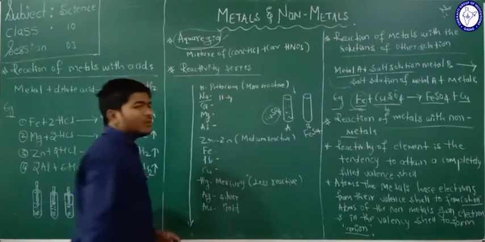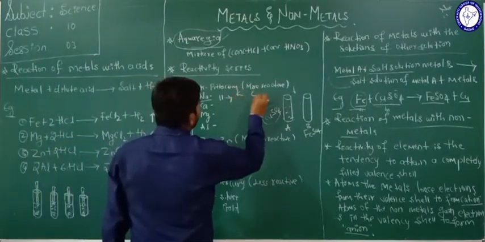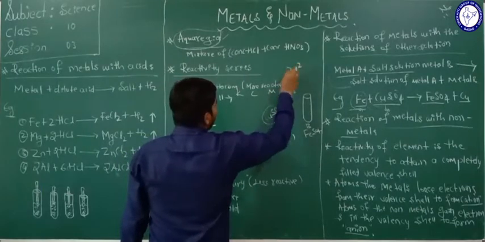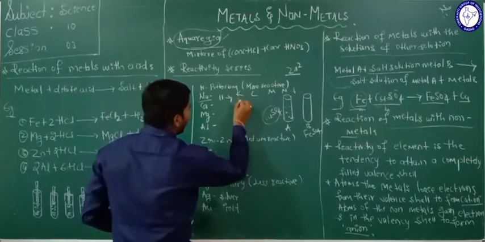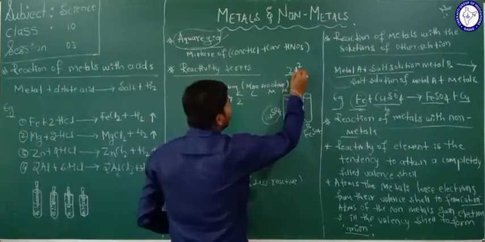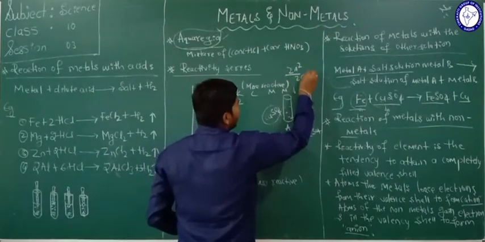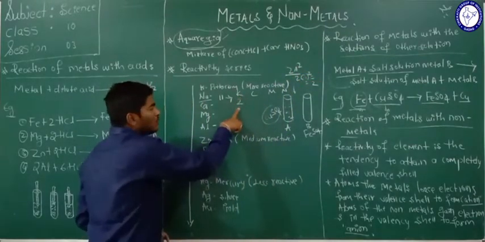When you consider the electrons present in the shells K, L, M, N, based on the 2n square rule, we fill the electrons here. For the first shell, I am filling 2, because the shell number is 1, therefore 2 into 1 square, that is 2. Therefore I am filling only 2 electrons here.